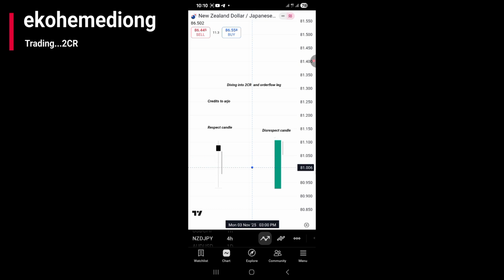In order for you to understand two candle rejection, you first need to understand what a respect and then a disrespect candle is. This is what a respect candle looks like.